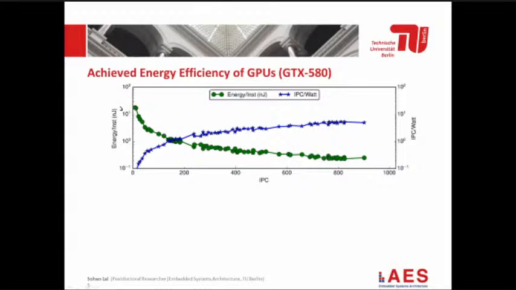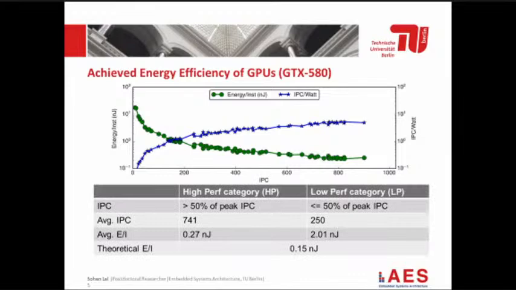For this presentation, I'm only going to focus on this curve. As you can see, each point or each dot is a kernel or a benchmark. It represents how much IPC and, for example, how much energy per instruction this particular benchmark has. For this study, we classify all the benchmarks or kernels that we have into two categories: a high performance category and a low performance category.